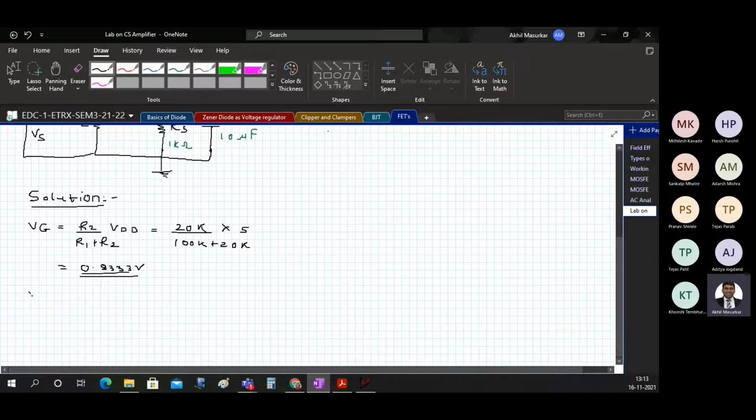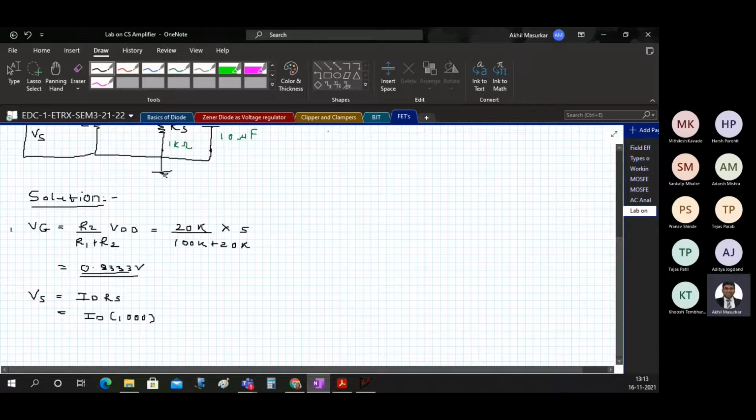Then we have Vs. Vs is simply ID times Rs. So that is going to be ID into 1 kilo ohm, which is 1000 ohms. So this gives us a rough idea of what VGS is going to be.